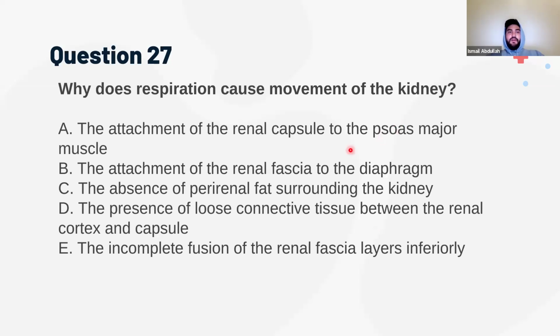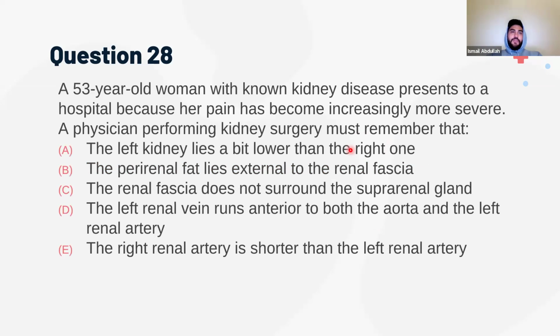But this is because the renal fascia is attached to the diaphragm itself. The diaphragm is a muscular partition mainly responsible for respiration. So whenever the diaphragm moves, it pulls the kidney with it.